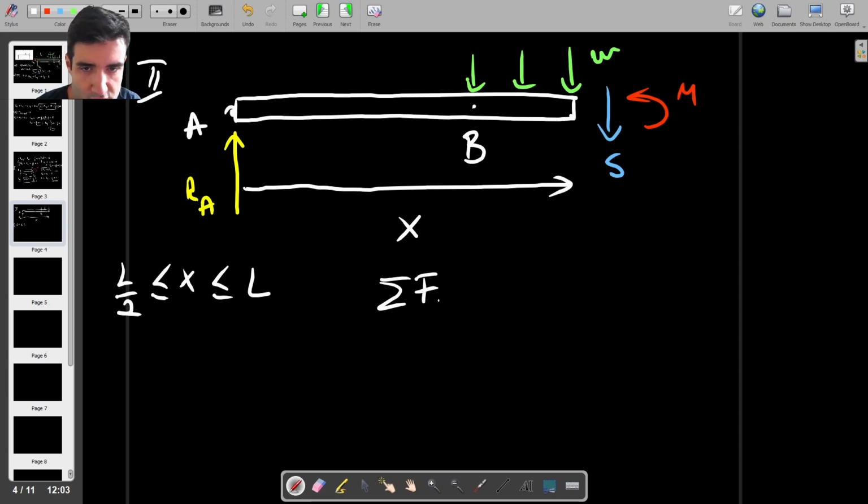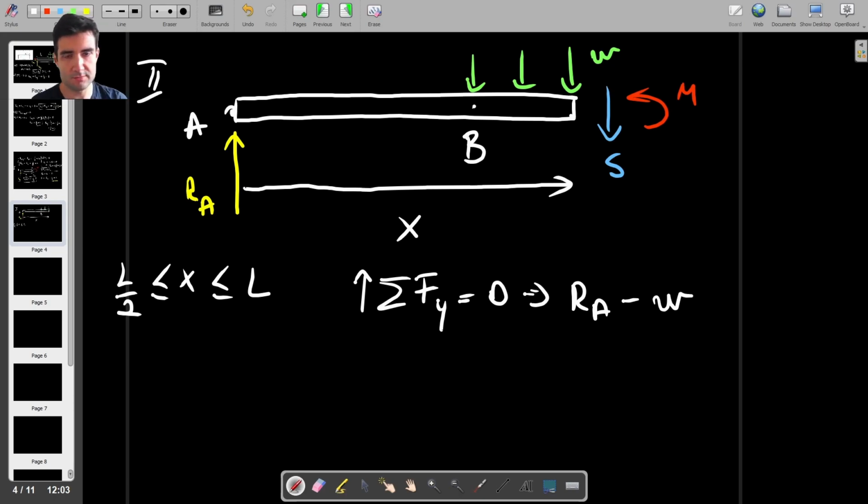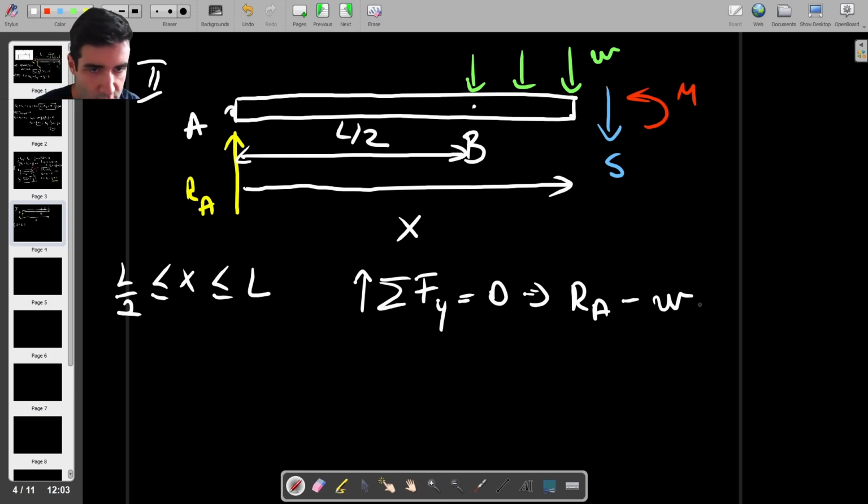So we do the sum of forces in the y direction equal to 0, and upwards is my positive direction. So we have RA, and then minus w times, now we have to find the distance along which w is acting. The whole distance is x, we have this distance as L over 2, so that's going to be x minus L over 2, and then minus S is equal to 0.